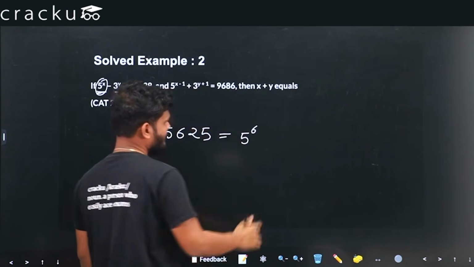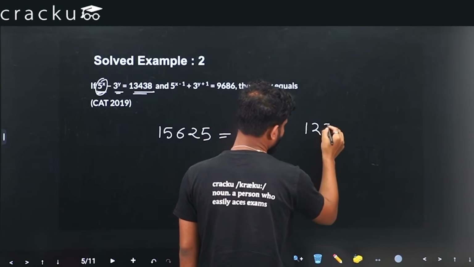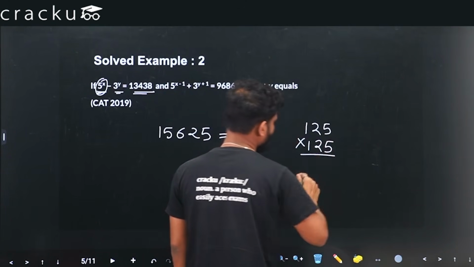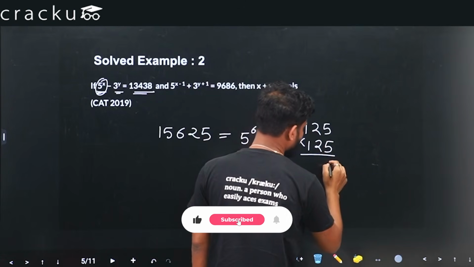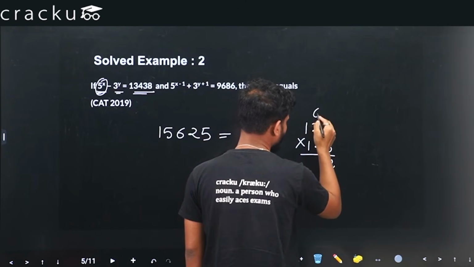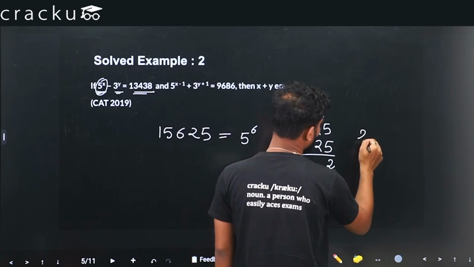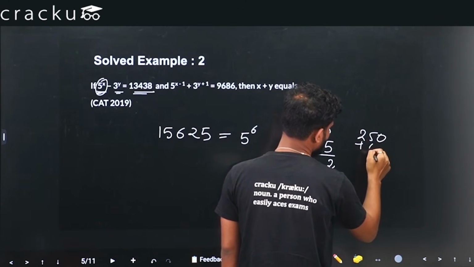Why? Because 125 into 125 will be what? 125 into 5 is nothing but 625. So this is 62. 125 into 2 is nothing but 250. 250 plus 62 is what?